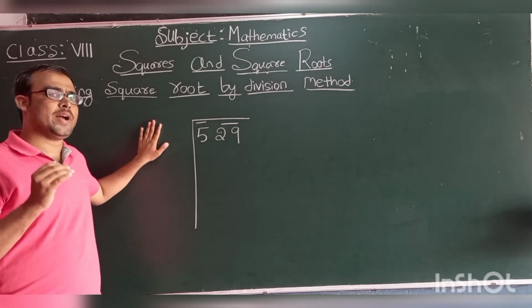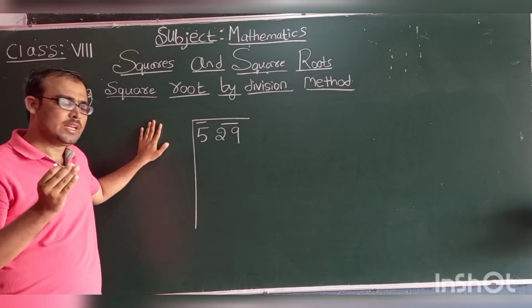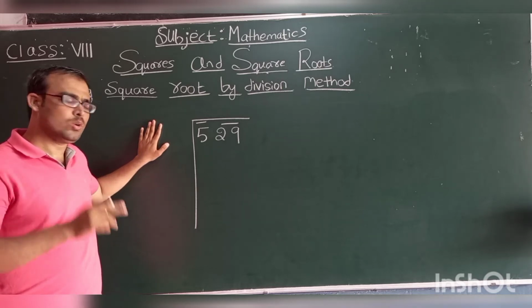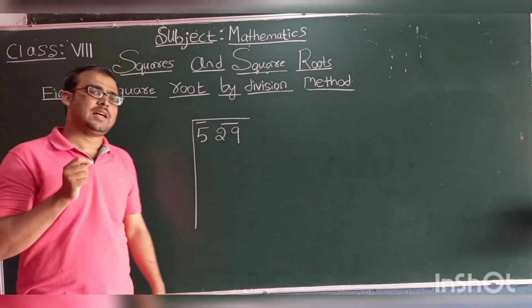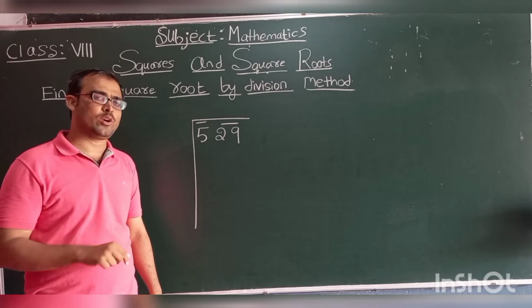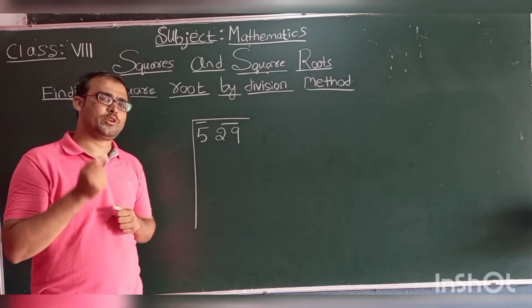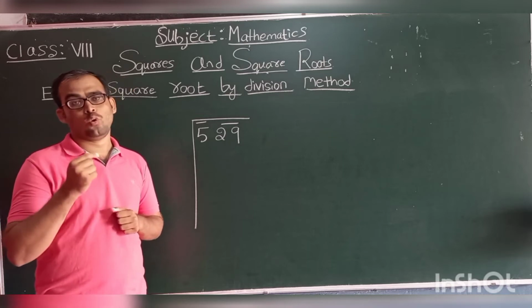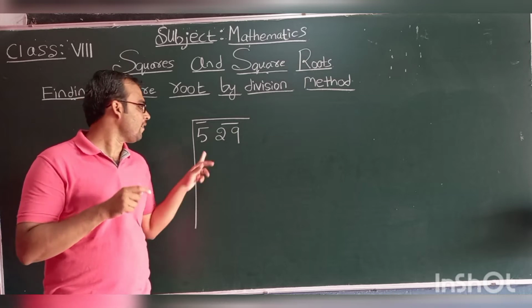Next, you need to find the largest number whose square is less than or equal to the dividend, that is 5. What is the dividend here? 5. So you need to find the largest number whose square is equal to or less than 5.